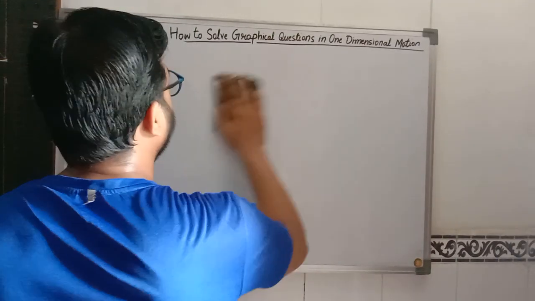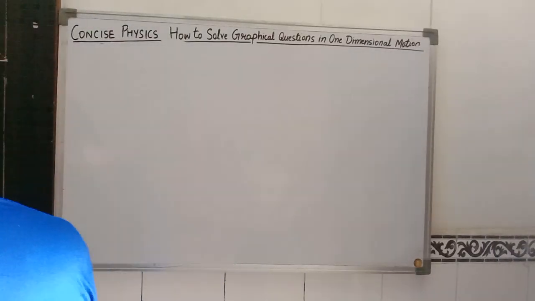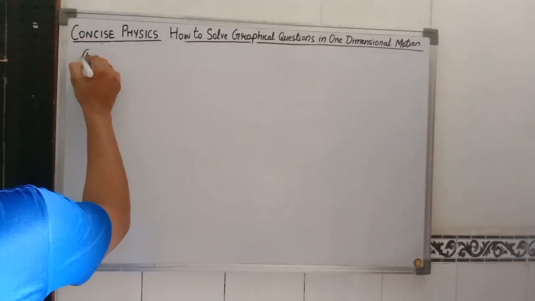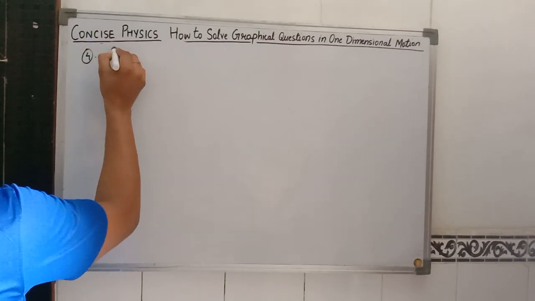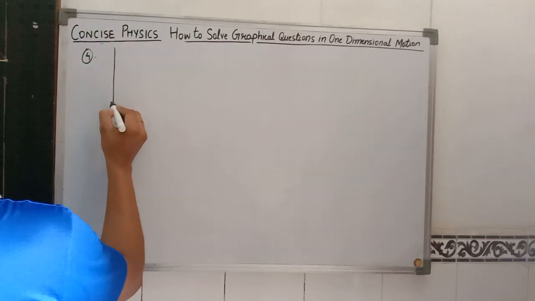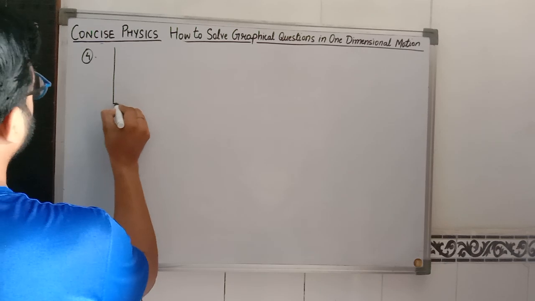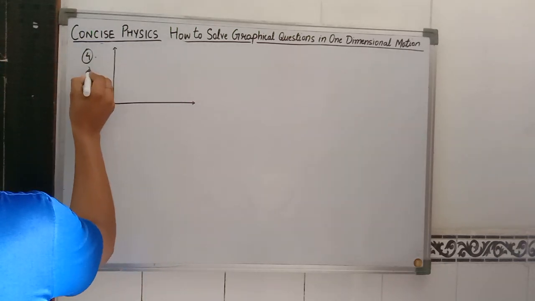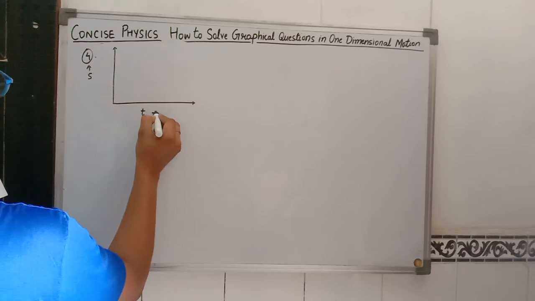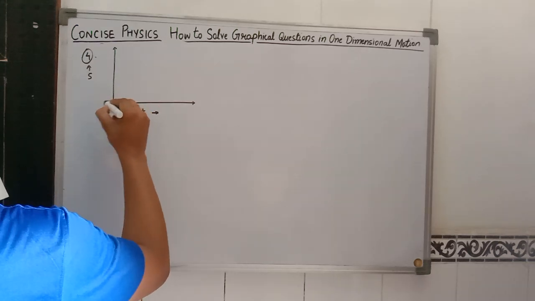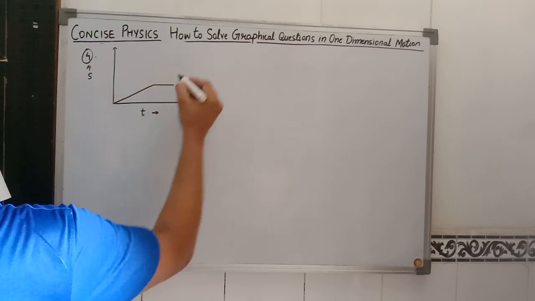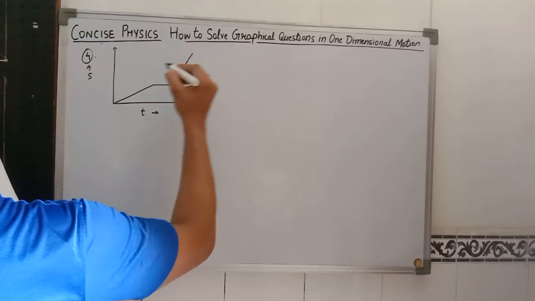Now we are coming to the next question, question number 4. In question number 4, a displacement-time graph is given to us, with displacement on the y-axis and time on the x-axis. The graph is made in this way: this is a line, after that a parallel part, and after that an inclined line.